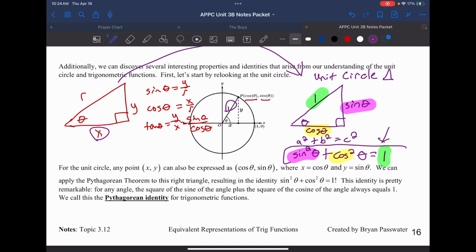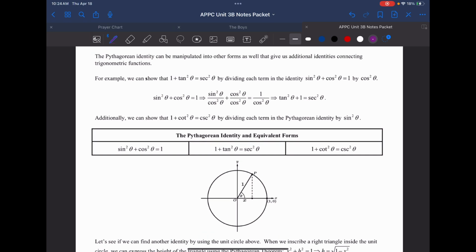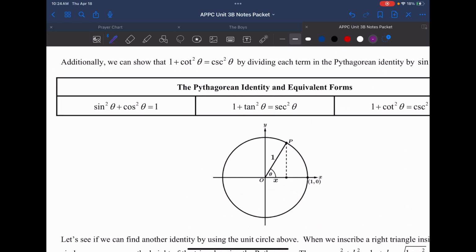This is your baby. This is the Pythagorean identity, because we use the Pythagorean theorem to figure it out. I'll show you the math that they're doing here. So the Pythagorean identity and equivalent forms chart. This is a super important thing to know for the test and be able to do some examples with.